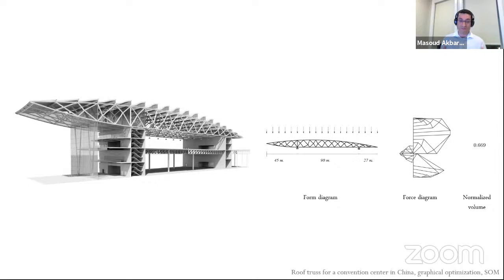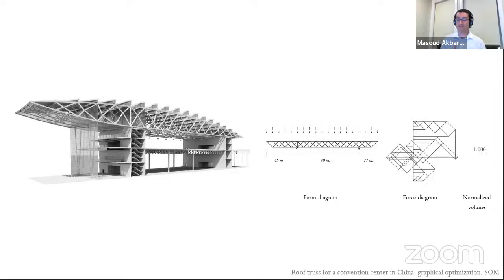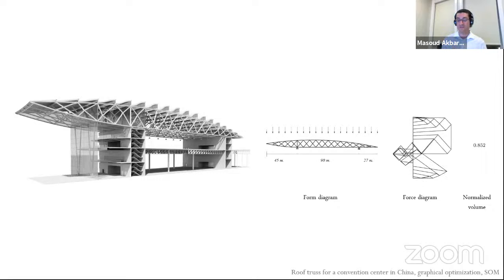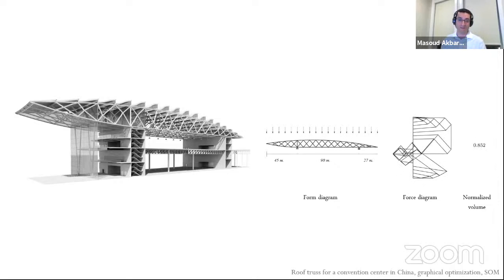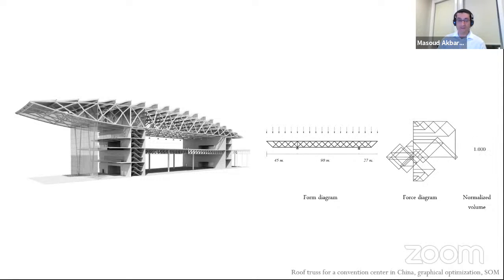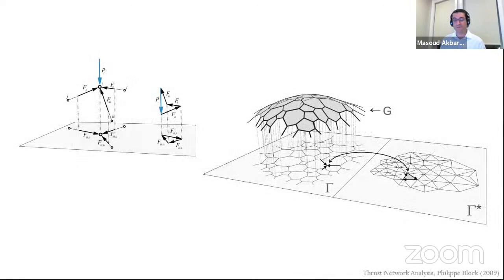a great potential, but in the meantime there is a bit of limitation, because for the past 150 years this method has been a two-dimensional method. So in 2009, Philippe Block, who was a student of John Ochsendorf, developed a method by combining two-dimensional graphic statics and a numerical approach to design three-dimensional compression-only free-form shell structures.